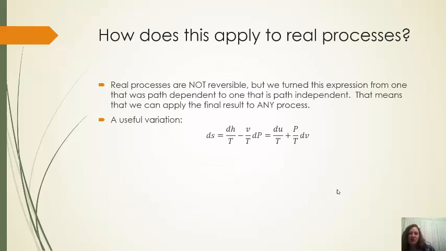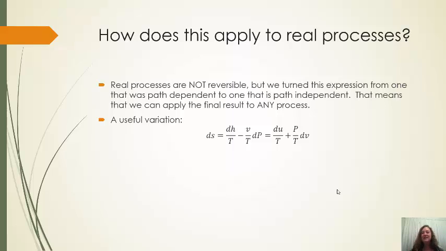So what does this have to do with a real process? Well, a real process, number one, is not reversible. But I took something that had the Q's and the work in there, and they were all path dependent, and I turned it into an expression totally independent of path. They are all state variables.